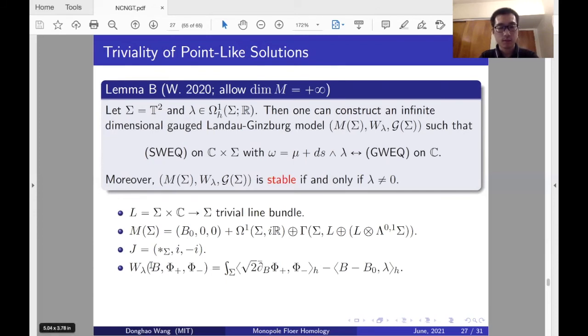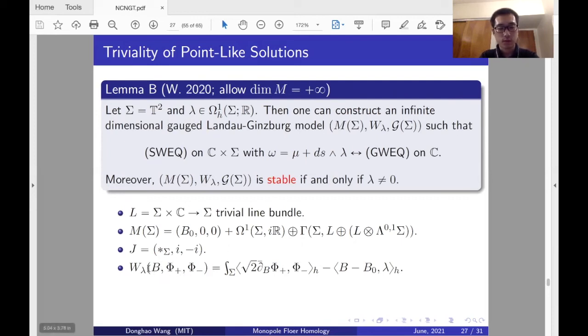The first component B here is a U(1) connection on this line bundle. Phi plus is a smooth section of this bundle L, and phi minus is a smooth (0,1)-form on the surface. And the interesting thing is the complex structure is not the standard one. In the first component here, we have the Hodge star operator, and in the last component, we have minus i. This is the conjugate of the standard complex structure.